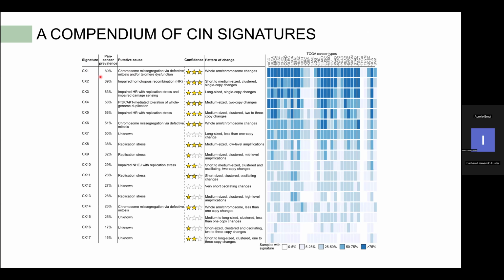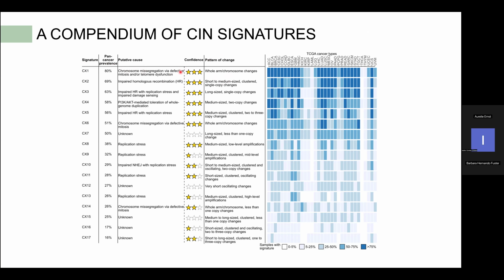So in this case, for example, for signature 1, we know that this signature is linked to missegregation errors. We have high confidence because all the data that we integrated was in line with this association. And actually, the pattern of change that is defining the signature is changes of whole chromosomes or arm-level chromosomes. That is actually what is causing chromosome missegregation errors.